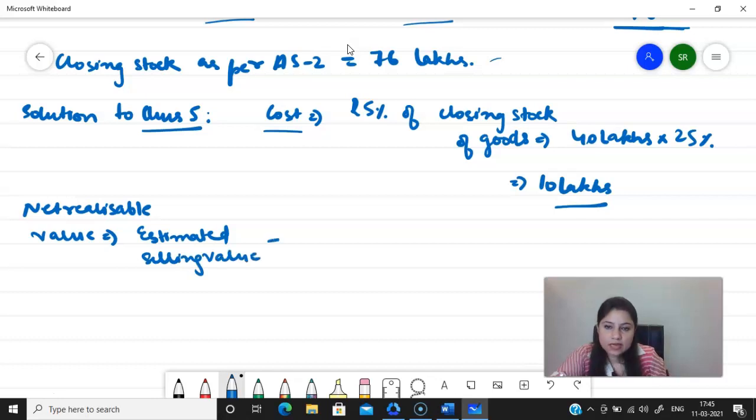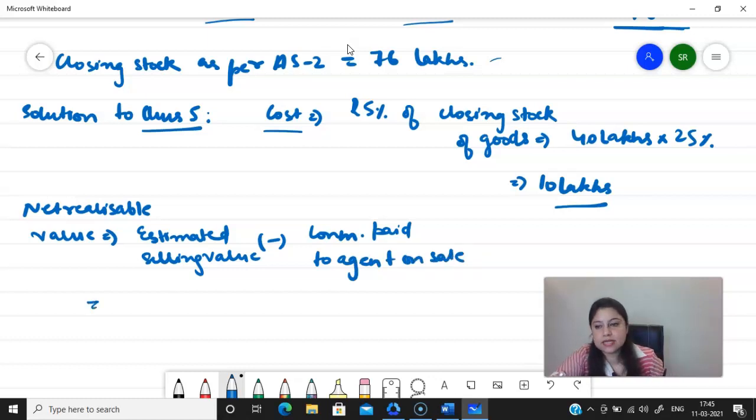less the commission paid on sale to the agent, right? The commission of 10% on sale is payable to the agent. So the commission paid to the agent on sale would be deducted from such estimated selling value.